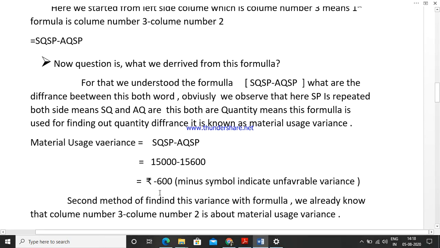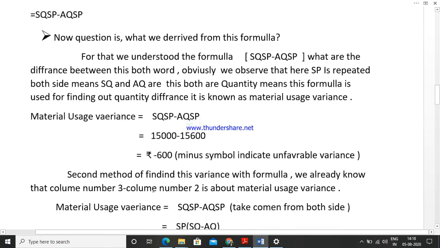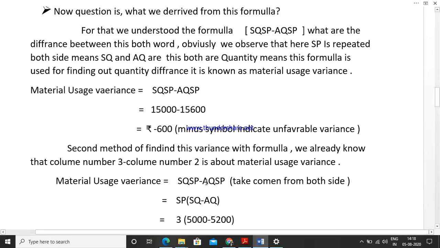Second method of finding this variance is with a formula. We already know that column number 3 minus column number 2 is material usage variance. Means material usage variance is equal to SQSP minus AQSP. Take a common from both sides. SP is common, where remaining is SQ minus AQ.